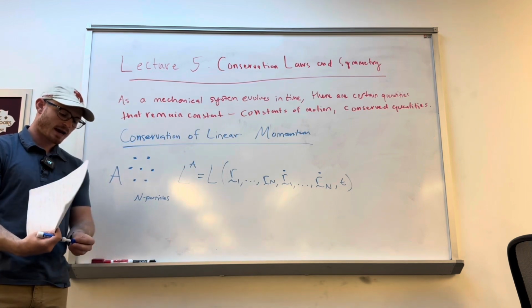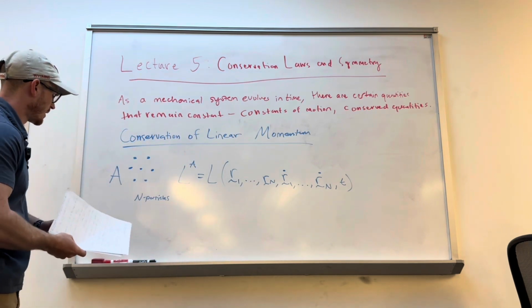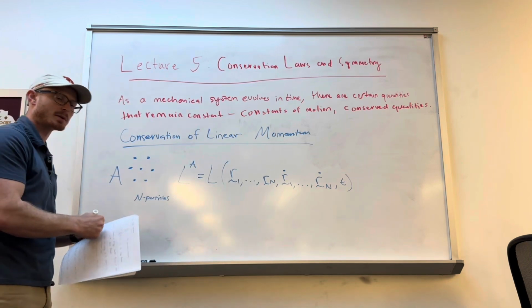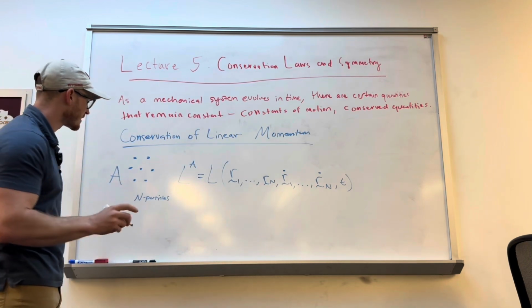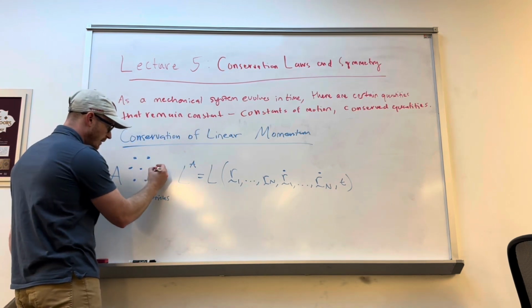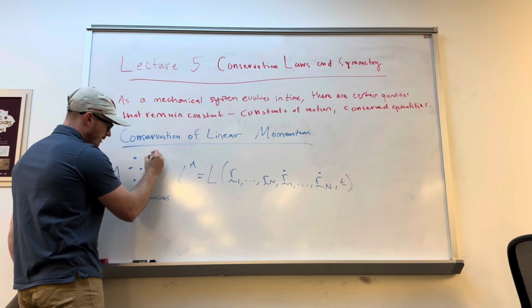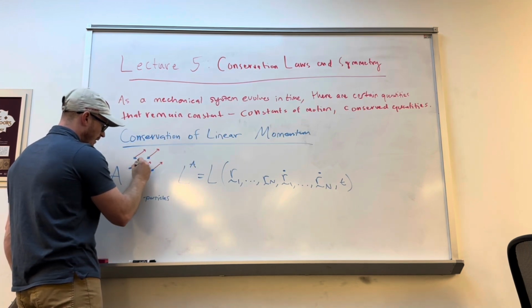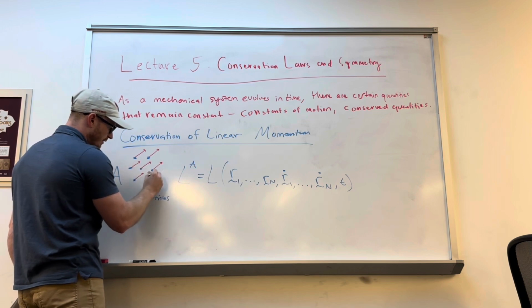Now, let's make an identical copy of A, except this time we're going to move that copy in space by a specific vector. So we're going to take every single particle, and we're going to move it by the same vector. So this is a translation. And we're going to call this vector delta r.